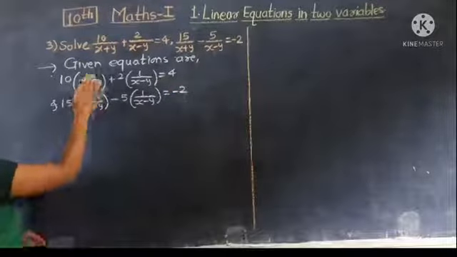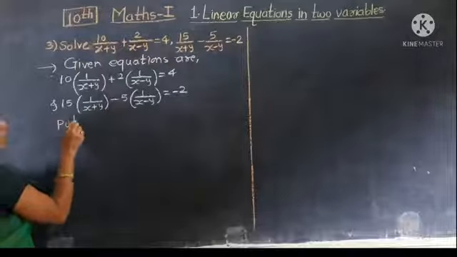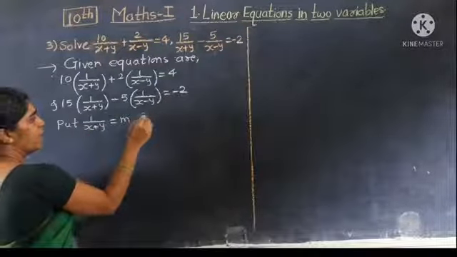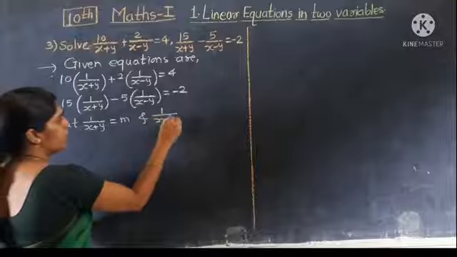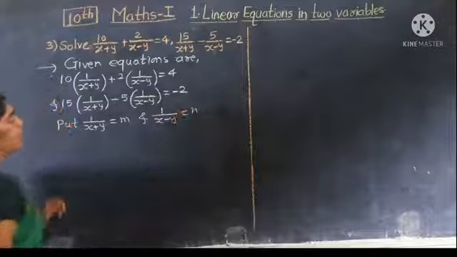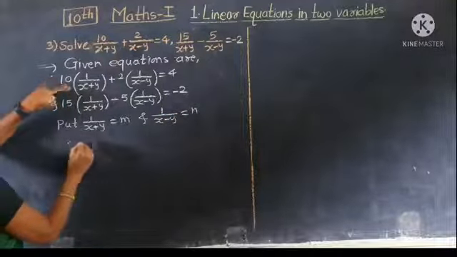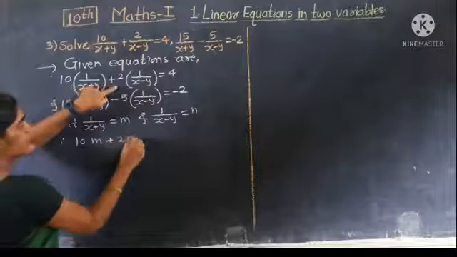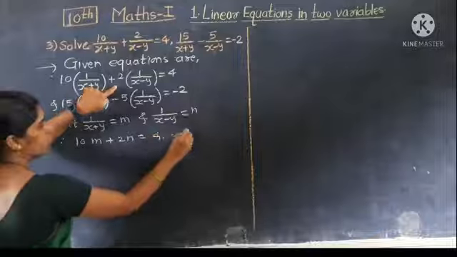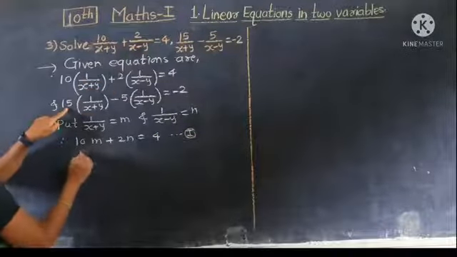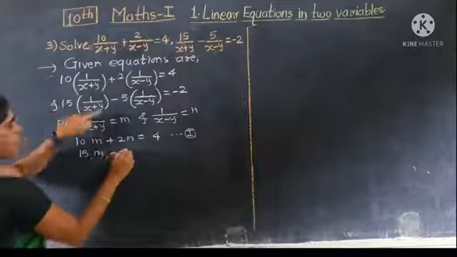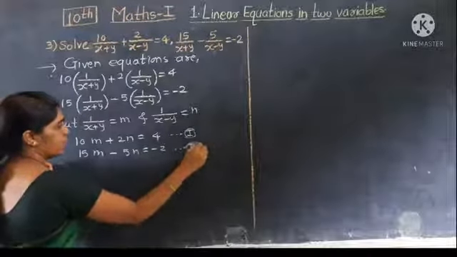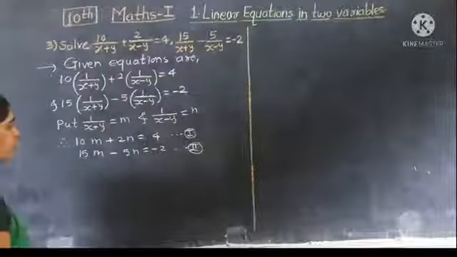Here you put 1 upon x plus y is equal to m and 1 upon x minus y is equal to n. Therefore, we get the given equations as 10m plus 2n is equal to 4, the first equation, and 15m minus 5n is equal to minus 2, we call it the second equation.